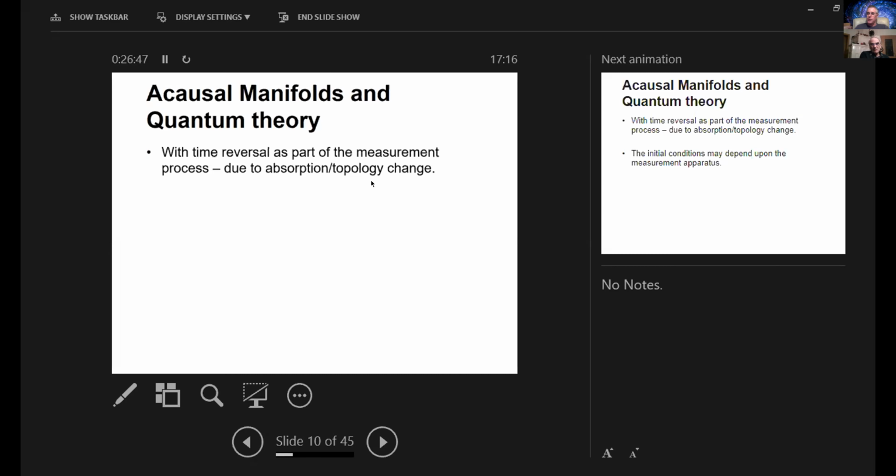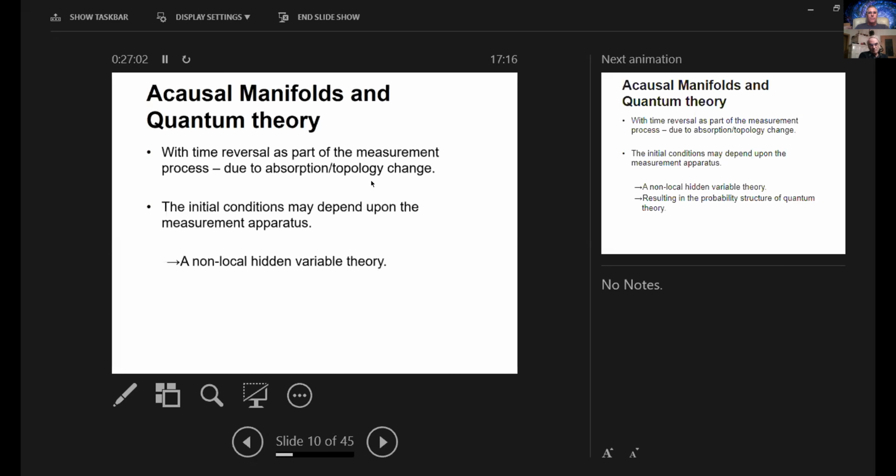In other words, the present state is dependent on future measurements. So initial conditions may actually depend on the setting of the measurement apparatus, and so it immediately becomes a non-local hidden variable theory, which we think we'd be looking for.